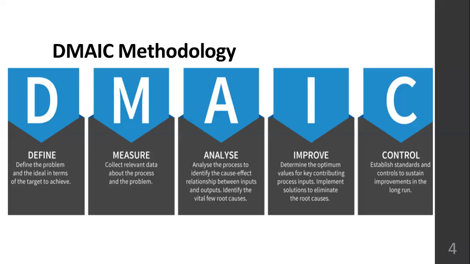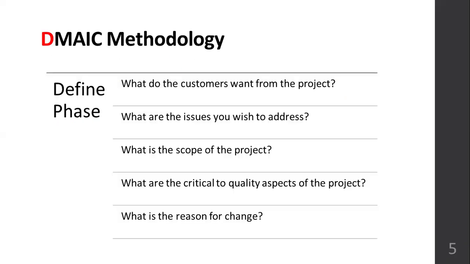Even in lean management, DMAIC can be used. So it's an acronym which stands for define, measure, analyze, improve, and control. Each one of these steps we will discuss in detail.